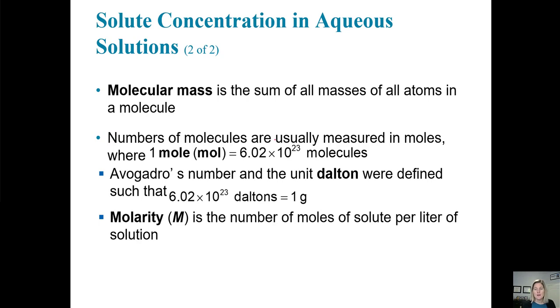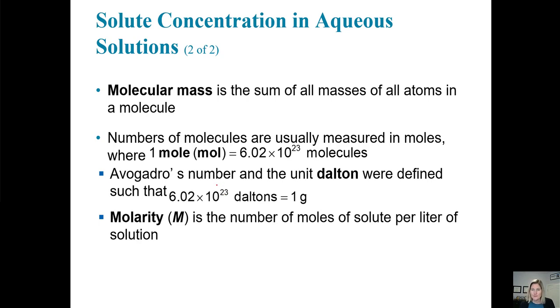The number of molecules is usually measured in moles. A mole consists of 6.02 times 10 to the 23rd molecules. So 1 mole of sodium has 6.02 times 10 to the 23rd molecules of it, okay? Whereas 1 mole of chlorine has 6.02 times 10 to the 23rd molecules of chlorine in it.